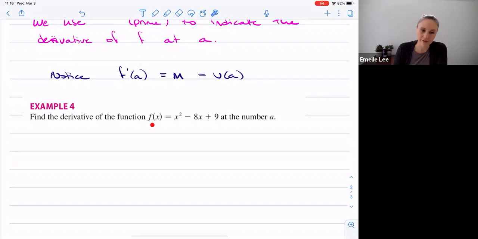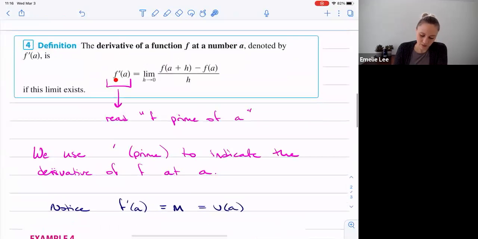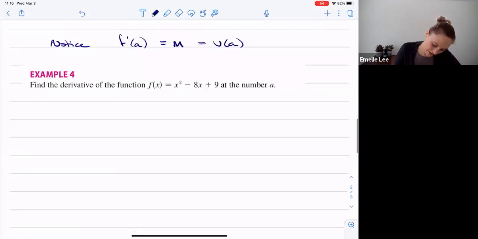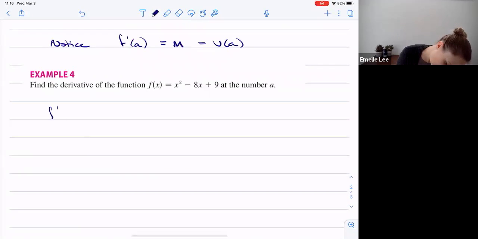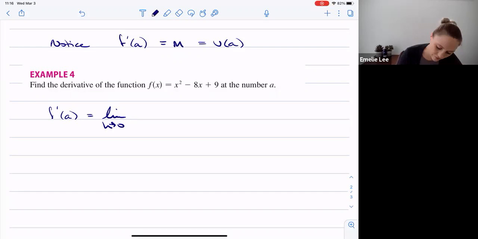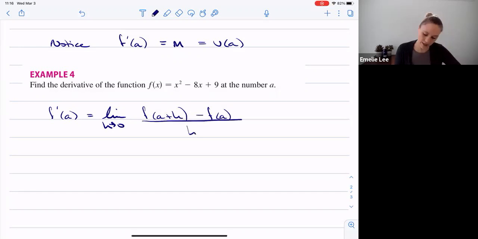So now I have this function called f, and I want to evaluate it at some number a. So what that means is, well, then I want to find f prime of a. So let's copy out the definition here. So f prime of a is, and I'm just copying out the definition, the limit as h goes to 0 of f of a plus h minus f of a divided by h.